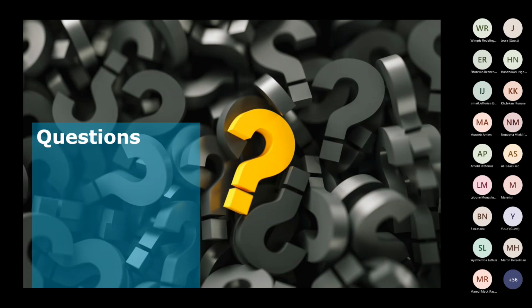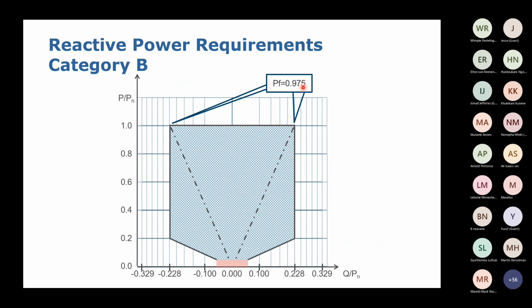But specifically on the SCADA and possibly being able to dynamically operate, go to that graph quickly, operate anywhere in this area, I think those things are, especially up to 5 megawatts, probably not as applicable.